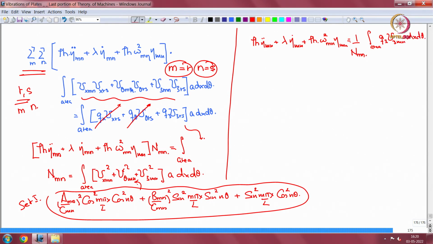So, we are back to what happened with plates. Okay. So, we will write this as eta mn double dot plus twice zeta mn omega mn eta mn dot plus omega square mn eta mn is equal to 1 by rho h N mn and this term.